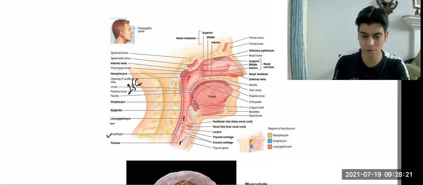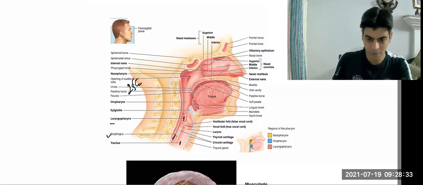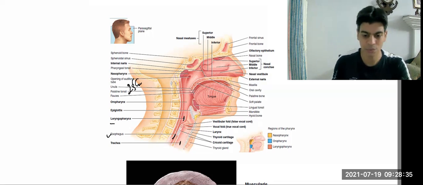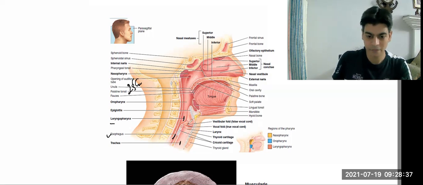The trachea is in front, and at the back you have the esophagus. Its position is at the inferior end of the laryngopharynx and posterior to the trachea, the windpipe.